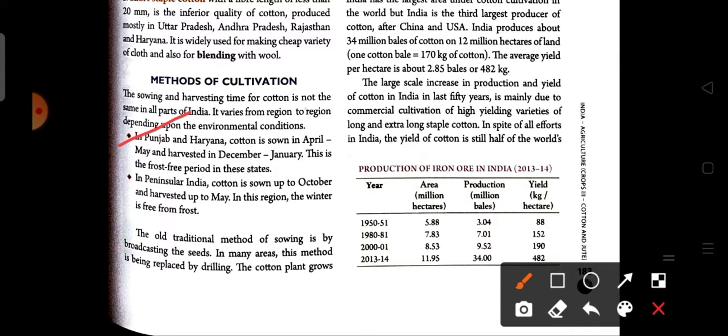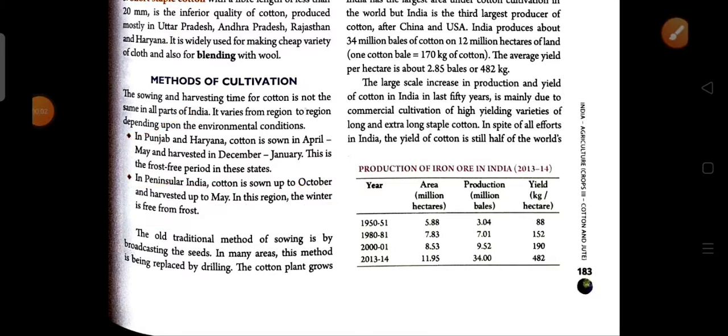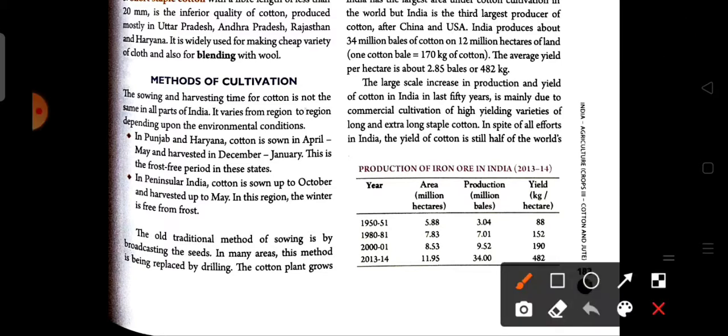Now the Peninsular India. In Peninsular India, cotton is sown in October and harvested in May. In this region, the winter is free from frost. Now the methods followed for the cultivation of cotton: the old traditional method of sowing is the broadcasting method.